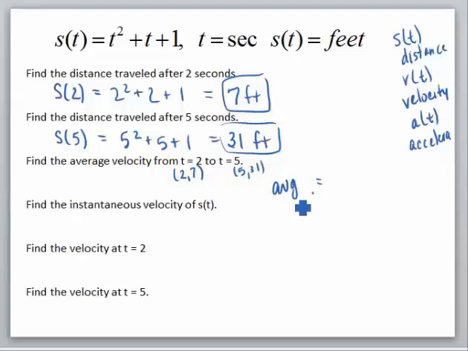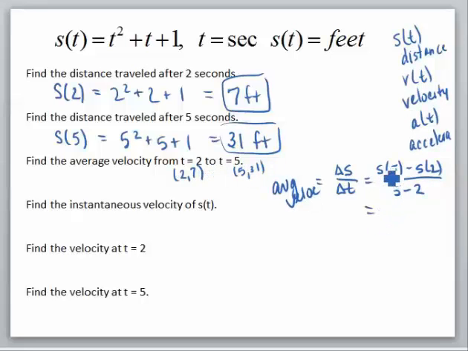Average velocity equals the change in distance, or the change in s over the change in time, which is the same thing as saying s of 5 minus s of 2, that's your change in distance, over your change in time, 5 minus 2. The time was 2 to 5.